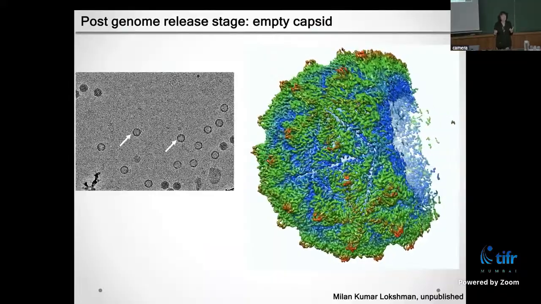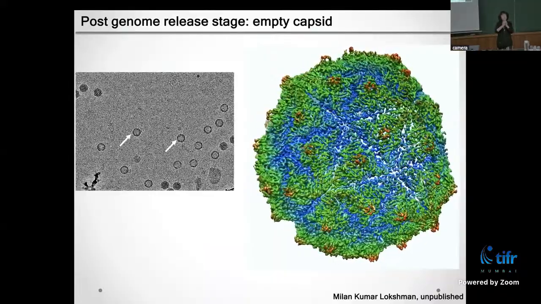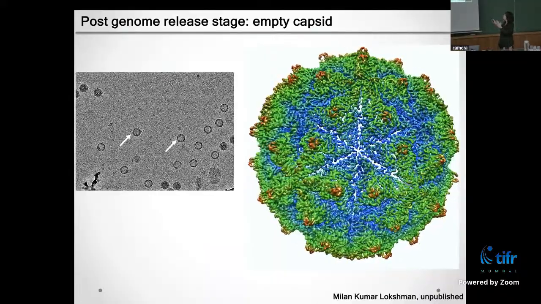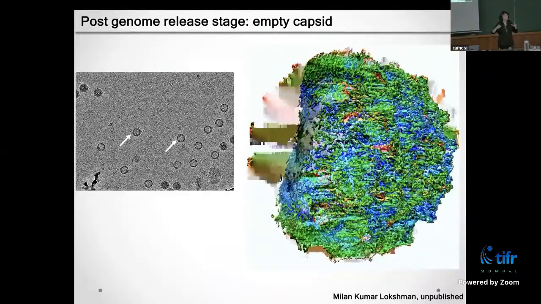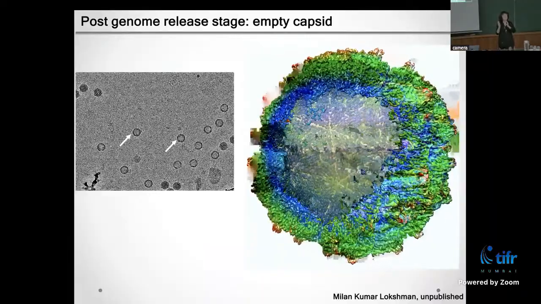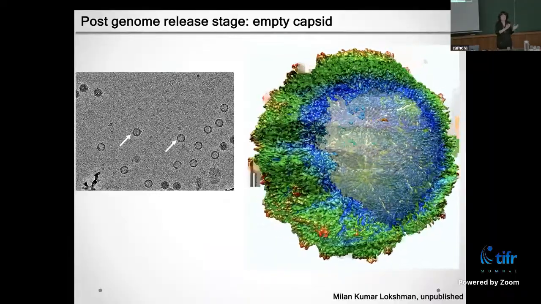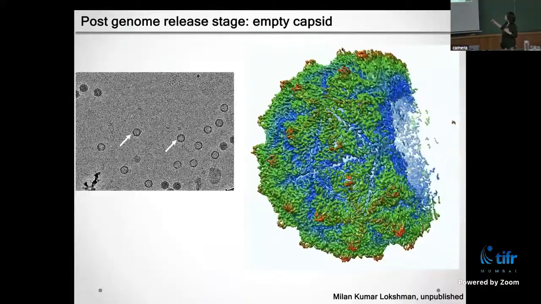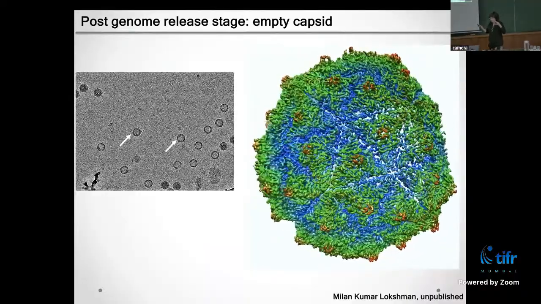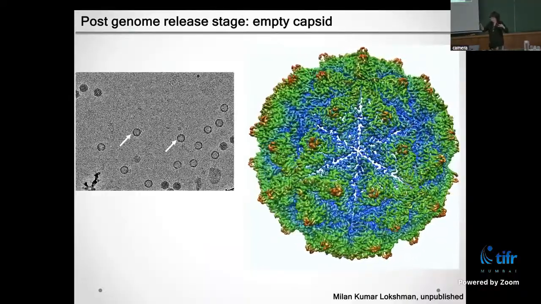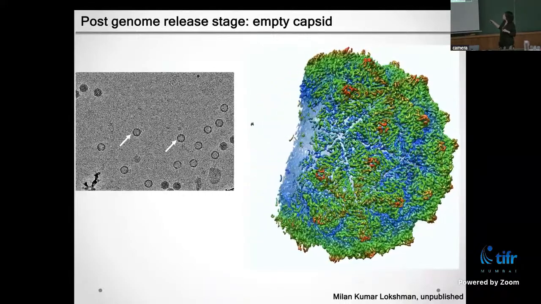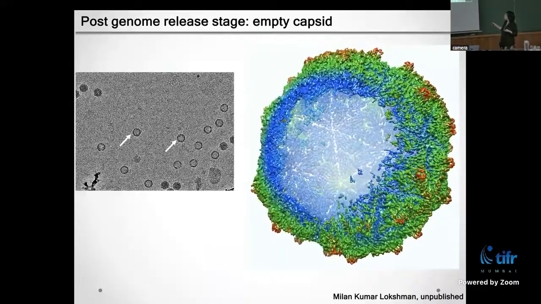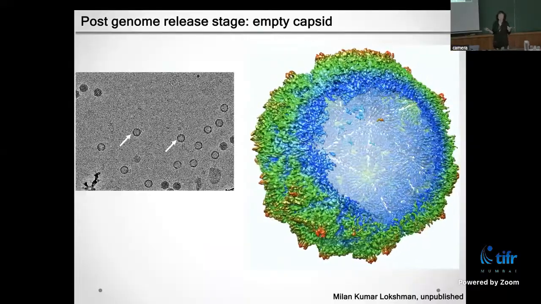Here, instead of the particle just opening through, if we look at which portion is missing, it's like 1 6-fold has completely moved away like a lid. This is 1 hexameric component around the 3-fold, and this entire area appears to just move away like a lid, and then there is no genome inside the particle.